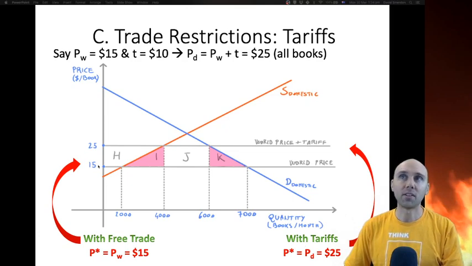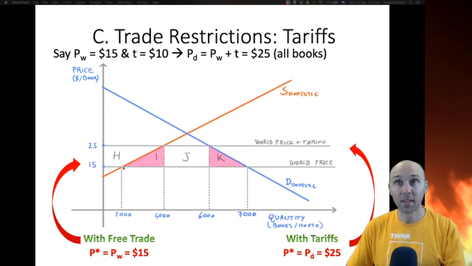So in free trade in this importing market, the world price is $15. You can see that 2,000 are produced by the domestic suppliers, and in total 7,000 are consumed by domestic consumers, so that's 5,000 that are imported.